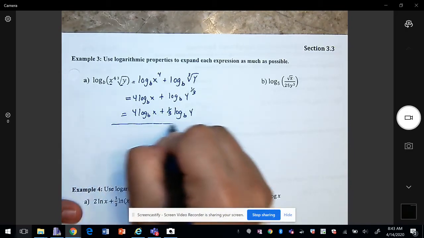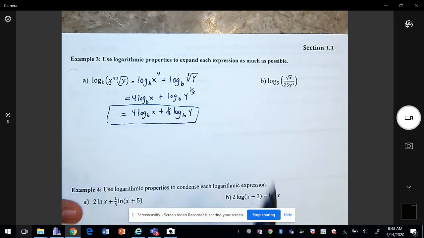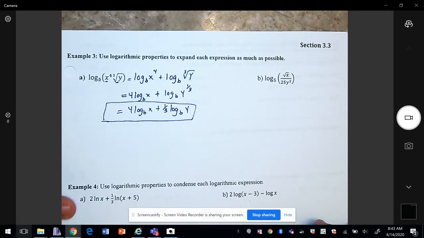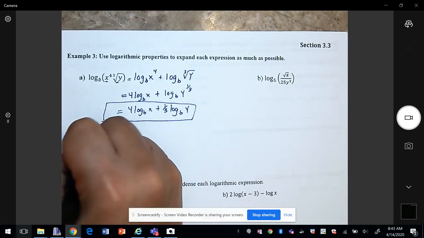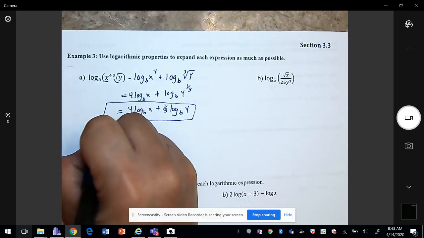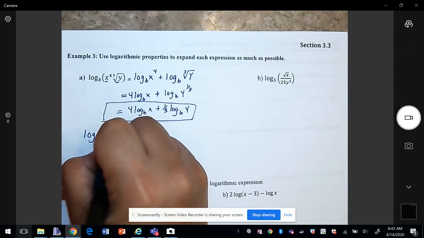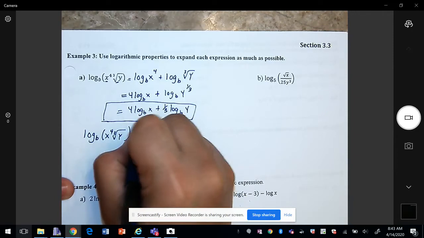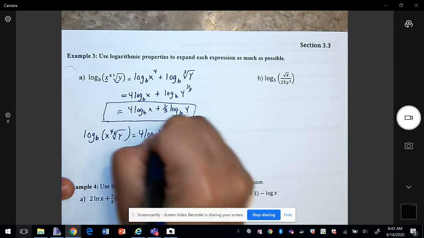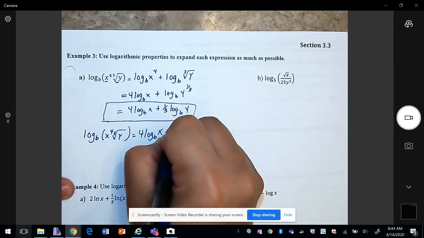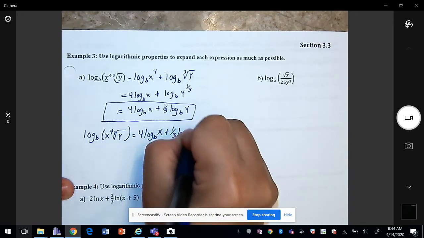And so this would be our expanded logarithm. Okay, so what this means is the original log b of x to the 4th times the cube root of y is equal to 4 log b x plus 1/3 log base b y.